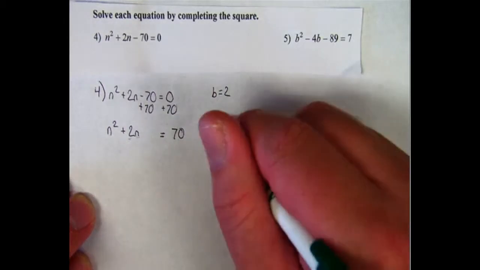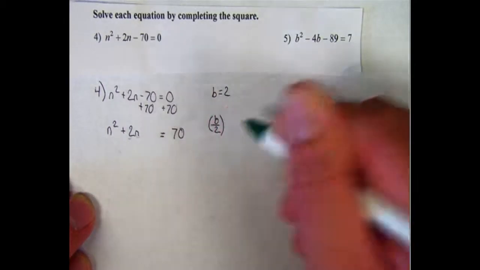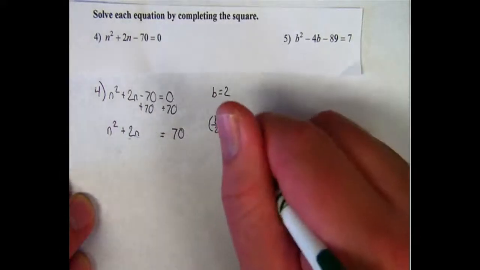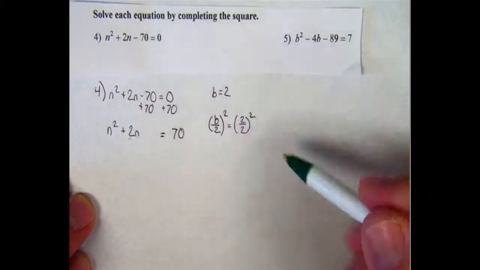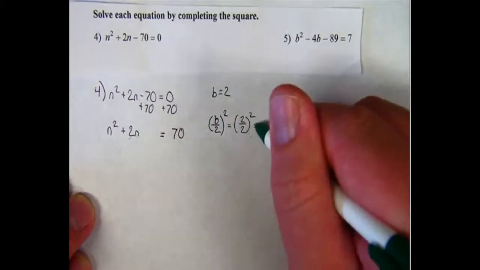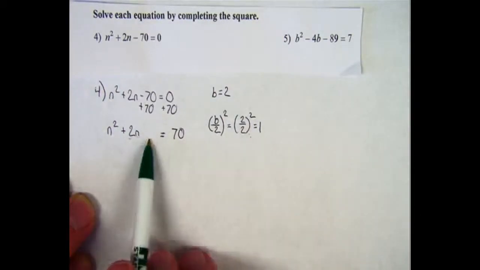So now I want to find what happens if I divide b by 2 and then square it. In this case, b is 2, so 2 divided by 2 is 1. 1 squared is 1. And that's the number that I'm going to put in here. I'm going to add 1 to it.